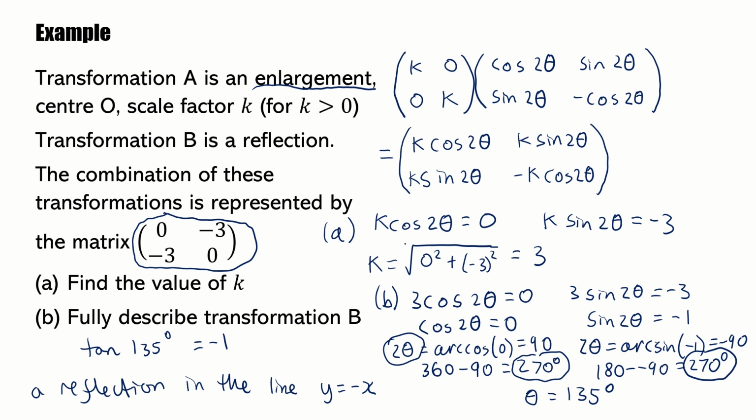So therefore you could set up that k squared is equal to the determinant of the matrix given in the question, therefore k squared equals 9, and that's an alternative way of doing part A.